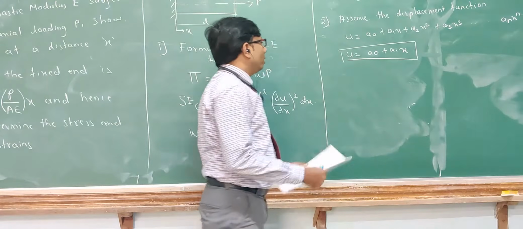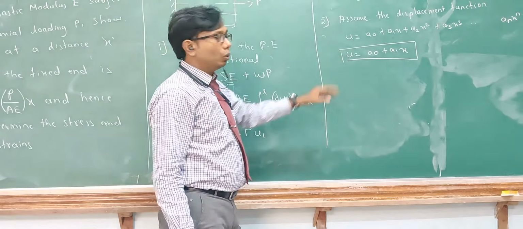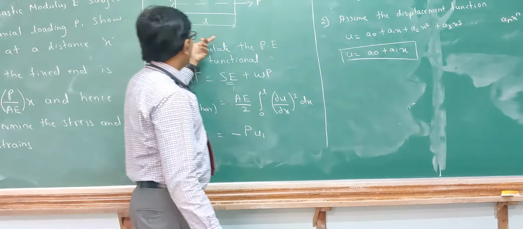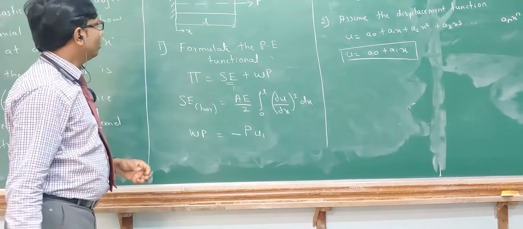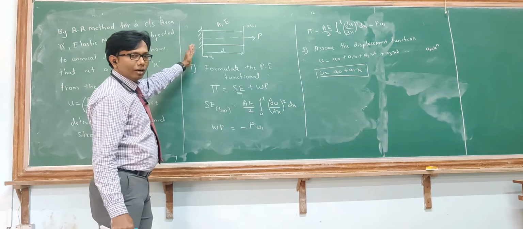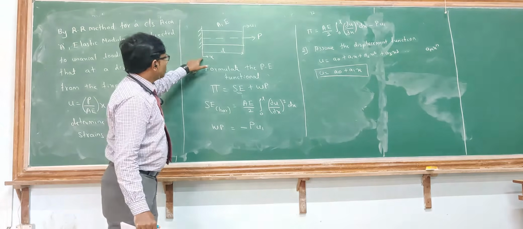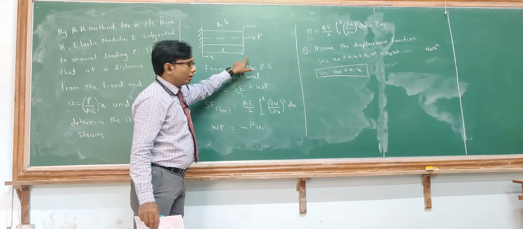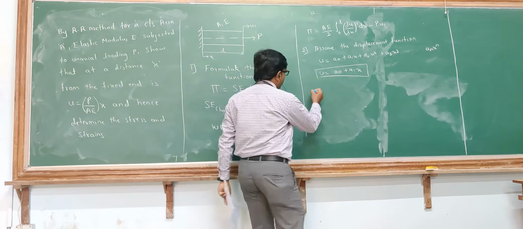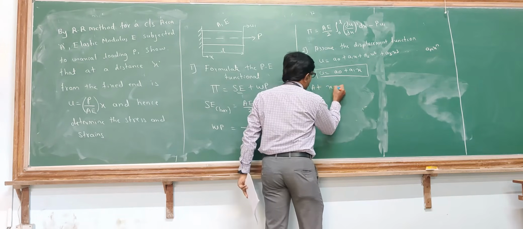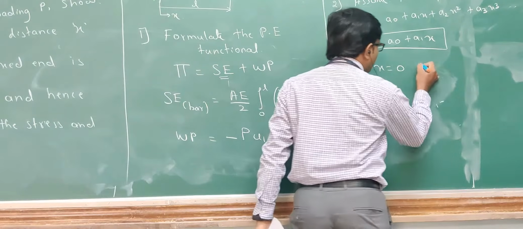So can we simplify this? We need to check what the boundary conditions are for this particular problem. One end is fixed. Here x starts from this end, so x is 0 here and x is L here. At x is equal to 0, what is the value of displacement?